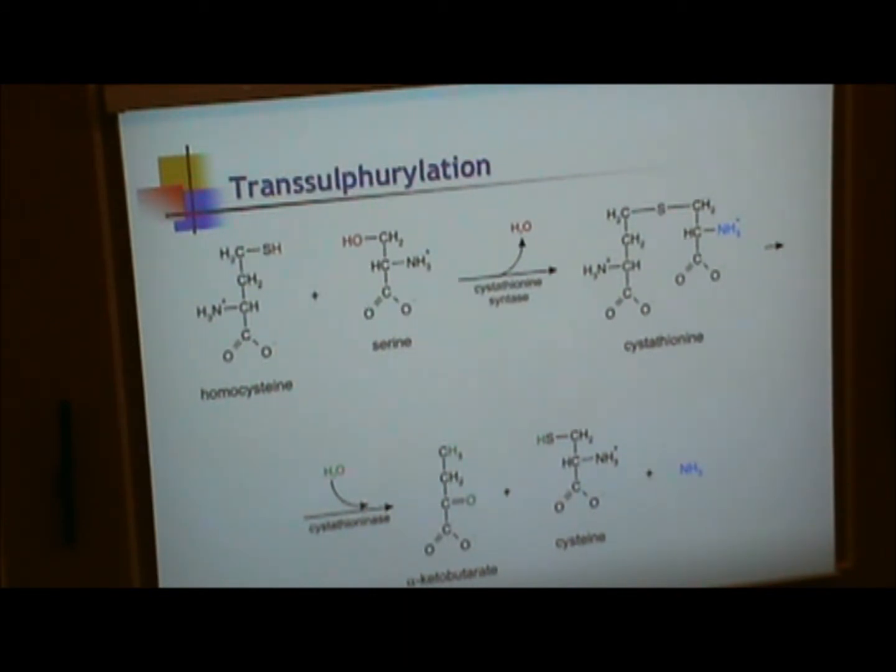So this is homocysteine. It contains an SH group and serine contains an OH group, a hydroxyl group.